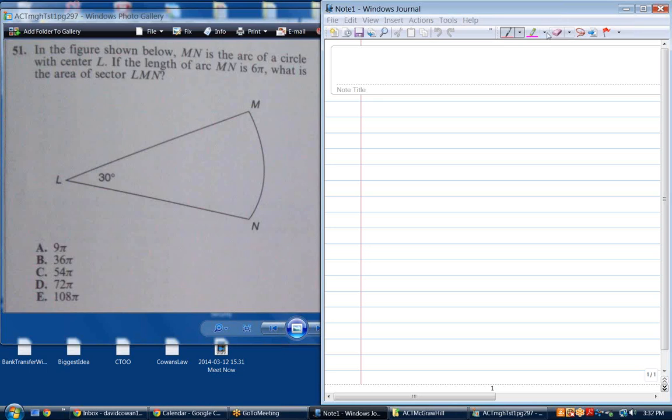Remember that questions about arc lengths are really questions about circumferences, and questions about areas of sectors are really questions about the area of a circle.